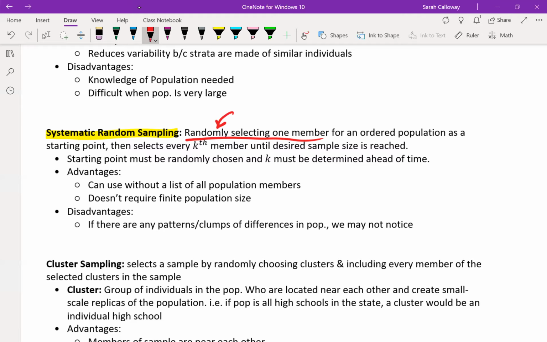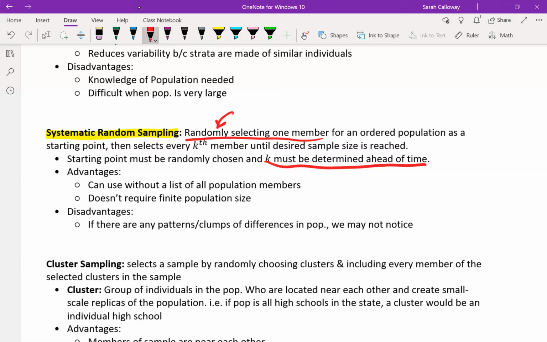So whether that's using a number generator, like we saw in simple random samples, or putting names in a hat and drawing a name, rolling a die, that kind of thing. Anything that's randomizing the selection of that first member is key. And then the rest is that K must be determined ahead of time. So if I'm picking every 10th person, I have to have decided that before I pick the first person. So those are some key parts to look into when you're identifying whether something is a systematic random sample.